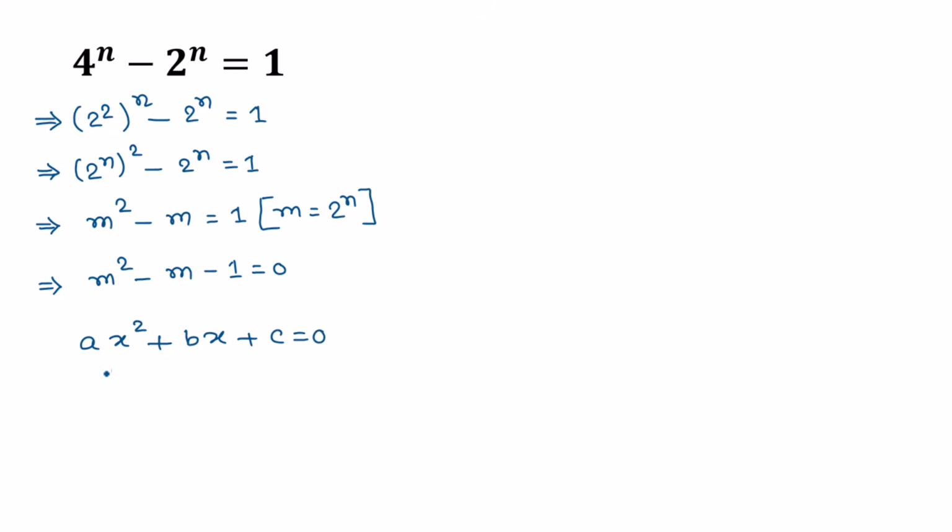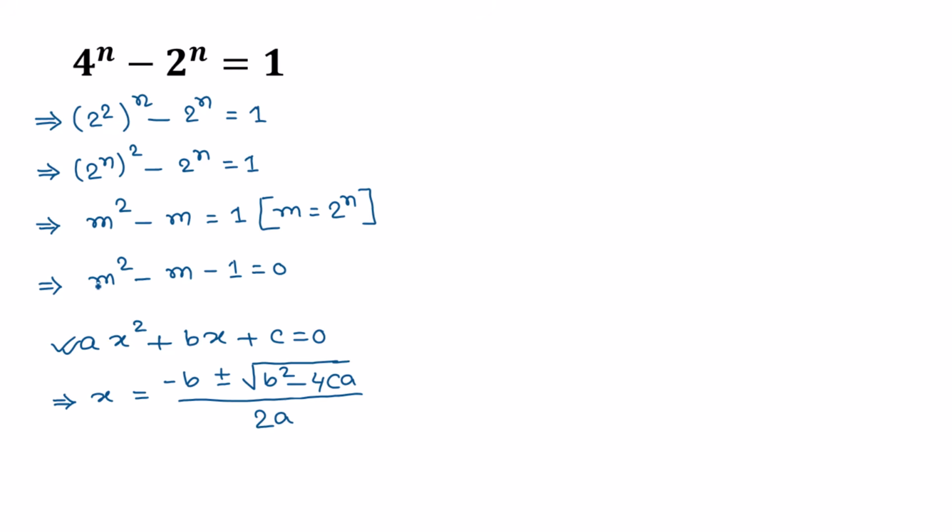The solution of this equation is x is equal to negative b plus or minus the square root of b squared minus 4ac, all over 2a. So this is the solution of the equation.